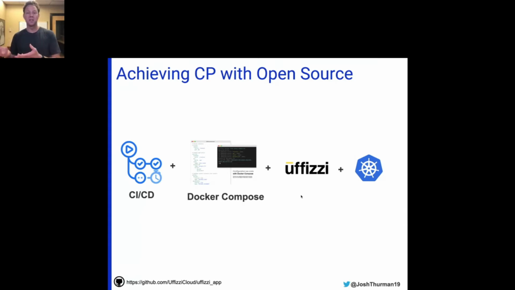And of course, you need a Kubernetes cluster to host these lightweight preview environments. And at the bottom of my slides here, if you want to check out that repo, you can read more about Ufeezy as we're going through here.